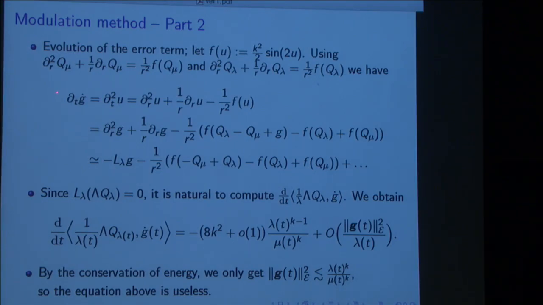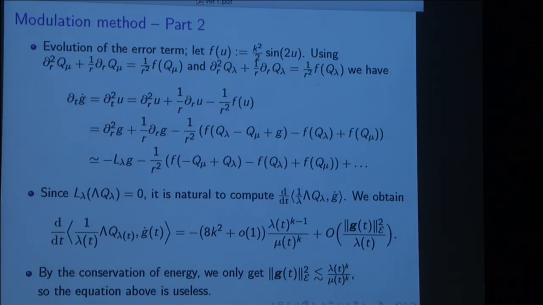And I forgot some quadratic terms; I kept just the linear part here. First I'm trying to understand what seems to be the main order. So here I get this evolution term.